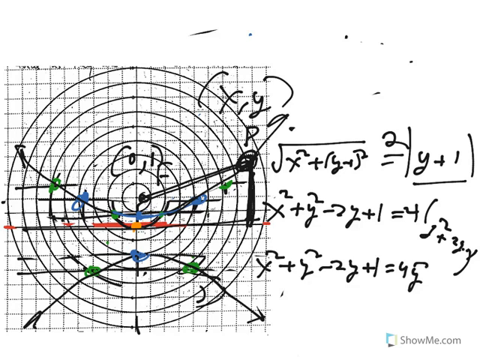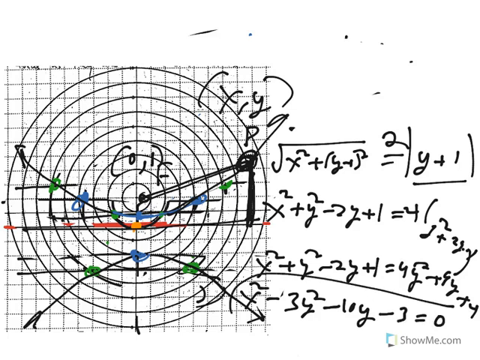Equals 4y squared plus 8y plus 4. And then move everything over. Subtract the 4y squared from both sides. You get minus 3y squared. Subtract the 8y to get minus 10y. Subtract the 4 to get minus 3. And we could leave the equation in that form.